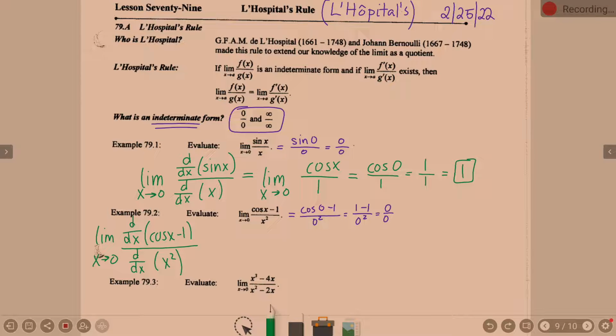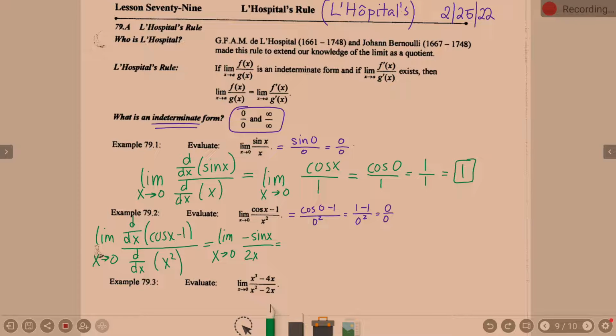So, okay, this is still the limit as x approaches 0. What is the derivative of cosine x minus 1? Negative sine of x, over, what is the derivative of x squared? 2x.